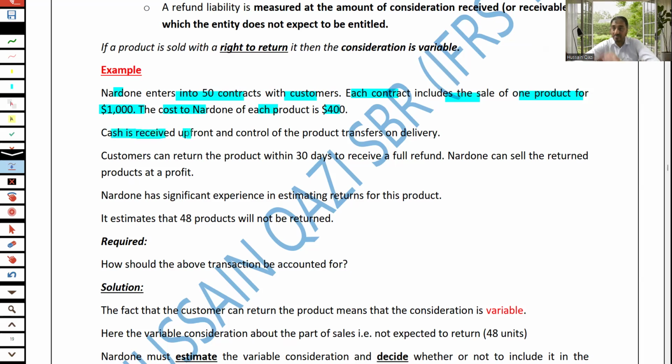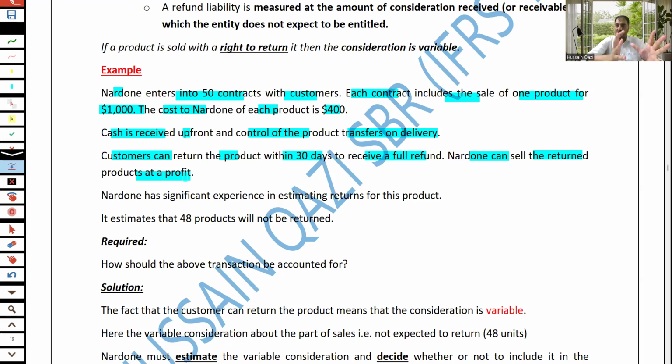Cash is received upfront. You have received the cash. And control of the product transfers on delivery. Control has already transferred. The customer can return the product within 30 days to receive a full refund. Nardone can sell the returned product at a profit.